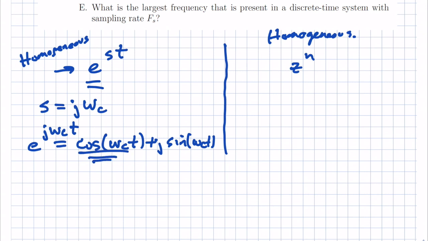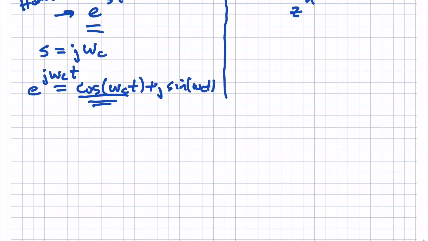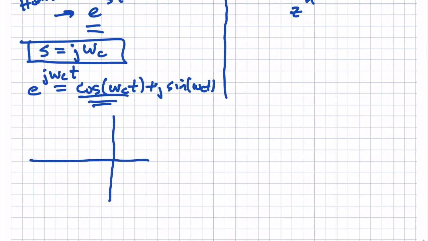So here we have cosine showing up, and if we just take the real part, we can model the effect of a cosine of frequency omega c. So I'm letting s equal j omega c, and over here in the s plane, that gives me the j omega axis. This is the frequency axis in the s domain.